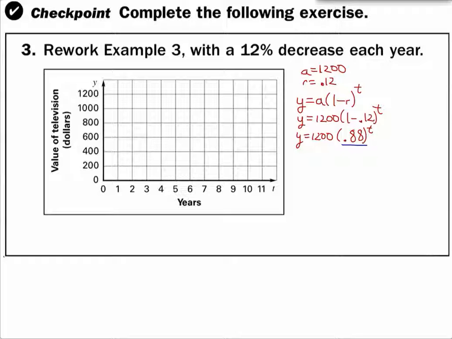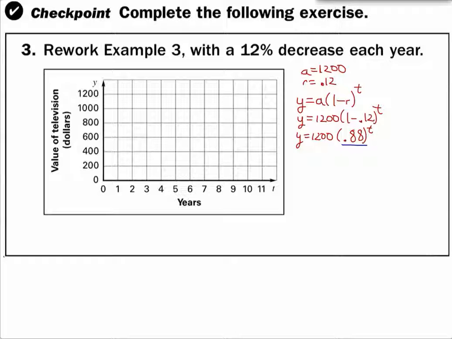So you're given information about how much it's going down, but that doesn't really help you too much. You actually can only act on the percent of value that it's keeping between the years. And so that's what the 0.88 means. And if what I just said doesn't make a lot of sense, it's not that big a deal. You can just kind of work your way out using that formula every time.